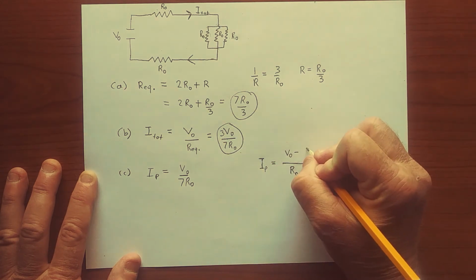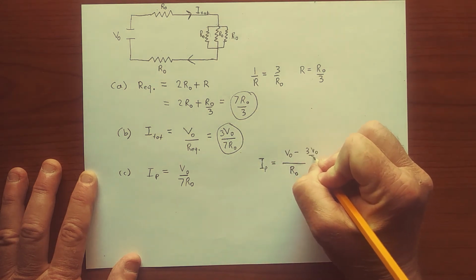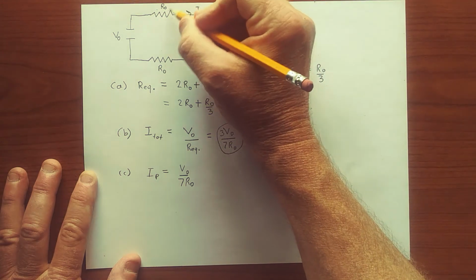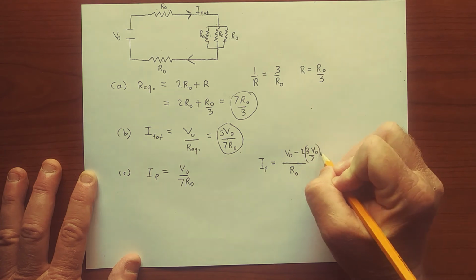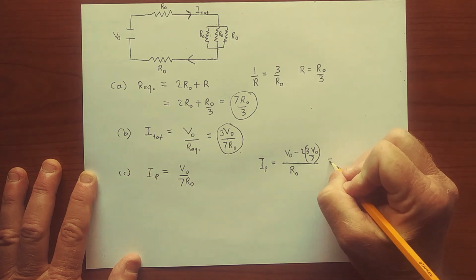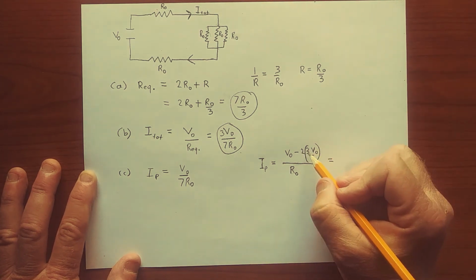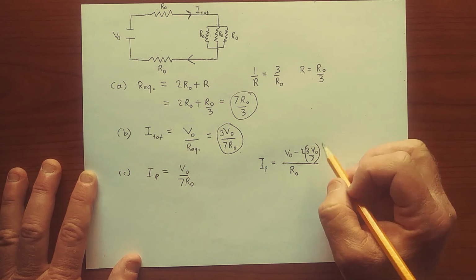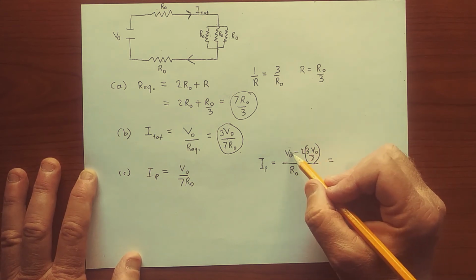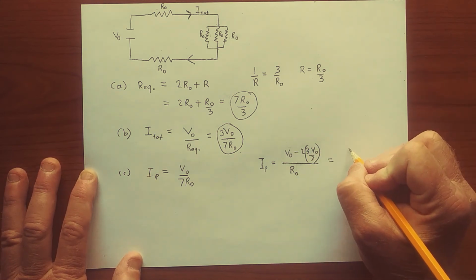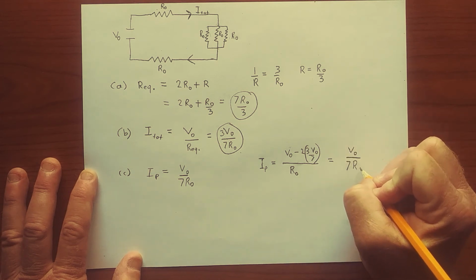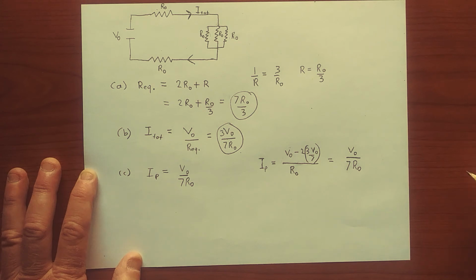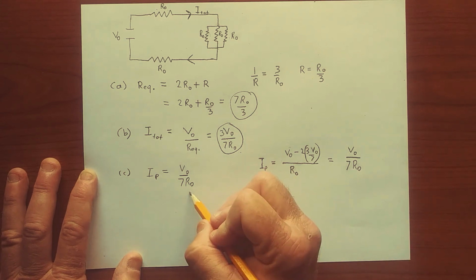So we have 3V0 over 7 as the voltage across this and this. So over both of them, we have to multiply that by 2. And that gives us 6V0 over 7. And we have 7V0 over 7 minus 6V0 over 7. So we have V0 over 7R0, as we in fact wanted to show.